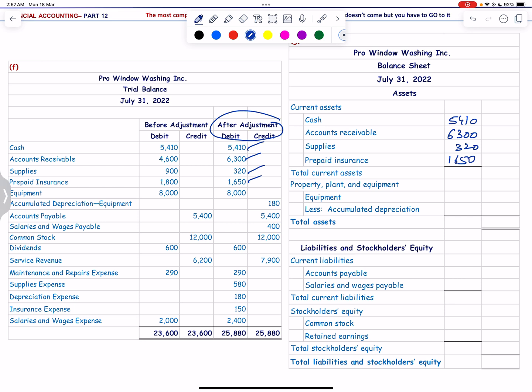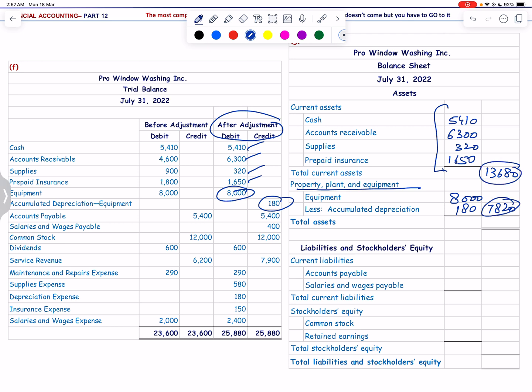Then we have property, plant and equipment, and under property, plant and equipment we have only equipment for 8000. From this we will be subtracting the accumulated depreciation, and accumulated depreciation is 180, so it is 7820. So the total will be total of current assets plus total of equipment, that is 21500.